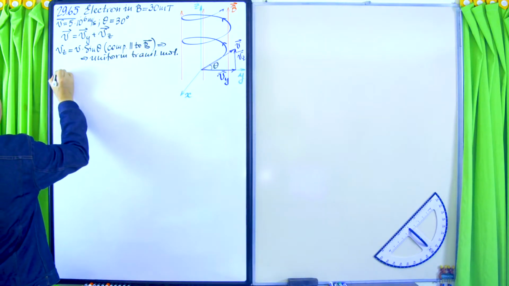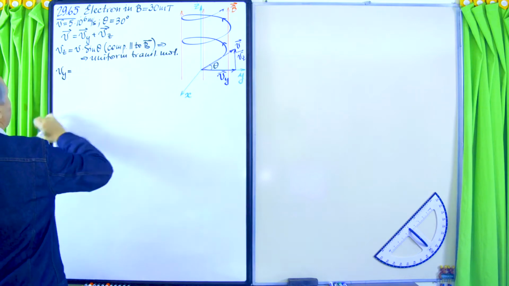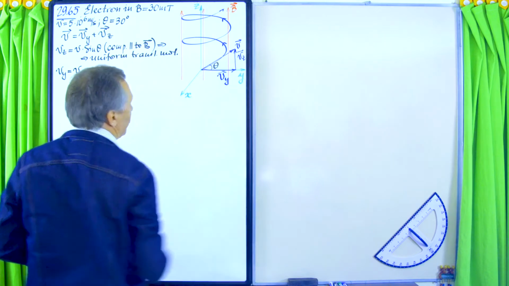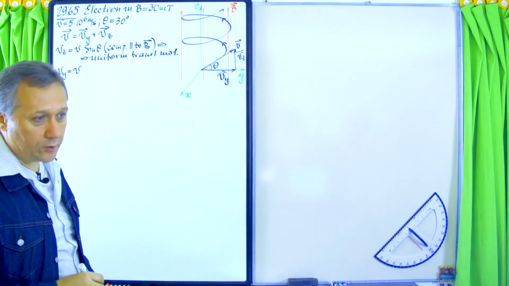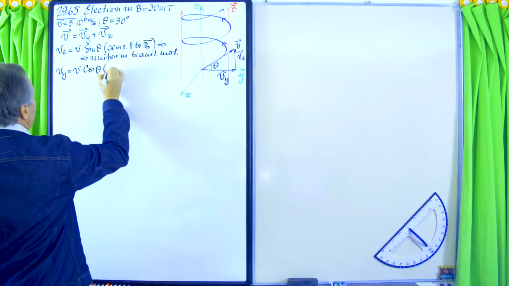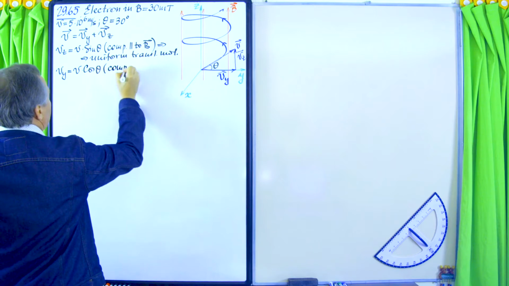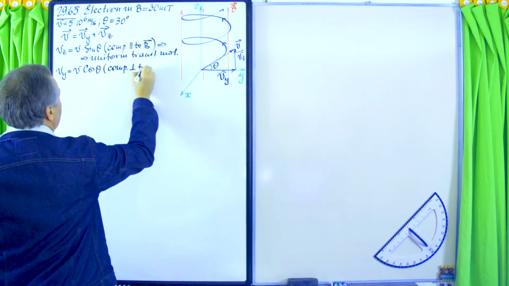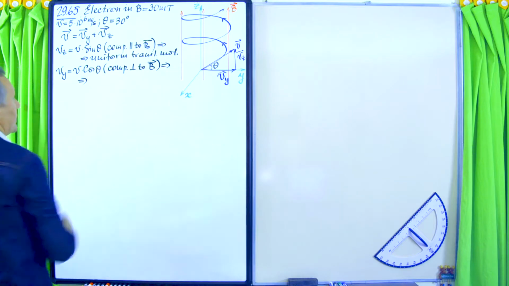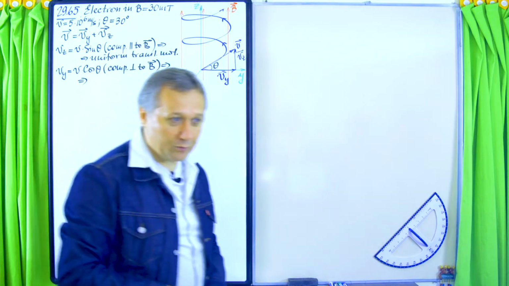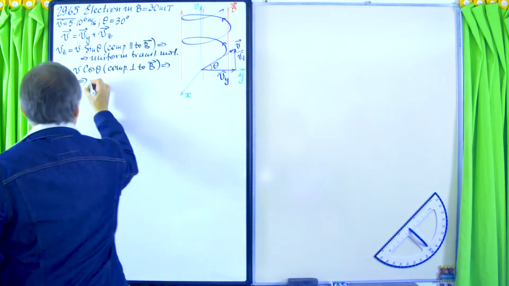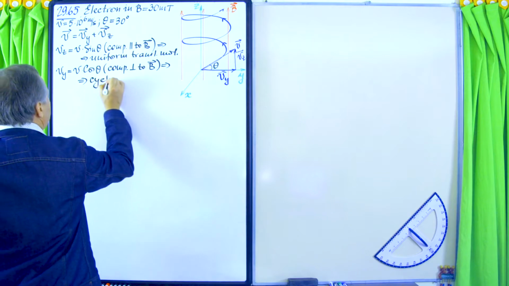Now V sub y. Let's write something similar for V sub y. Of course, we can easily find it. It will be V times cosine theta, because in order to find the adjacent side, you need to use the cosine function. And again, I want to emphasize it's a component perpendicular to the magnetic field. And of course, the perpendicular component is going to give us cyclotron motion, which is uniform circular motion.